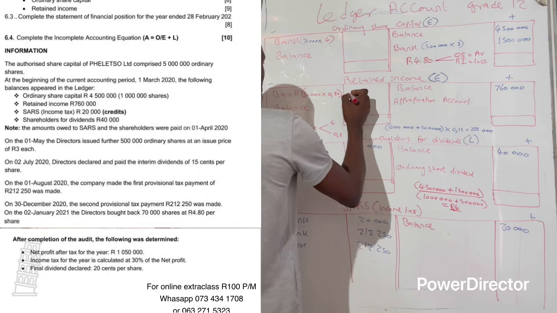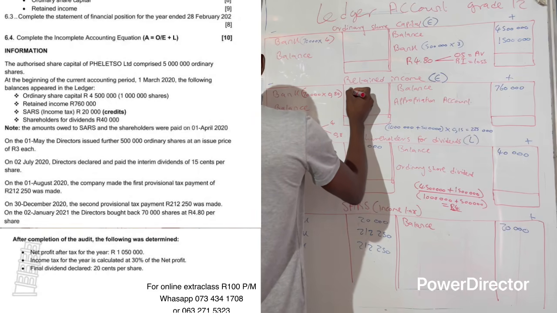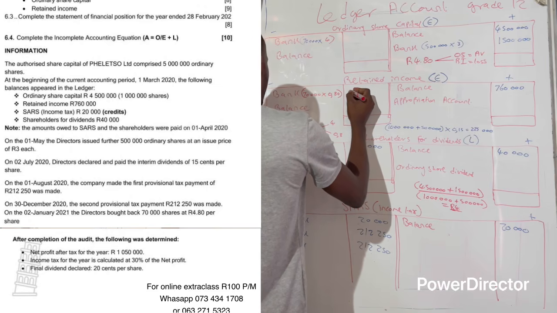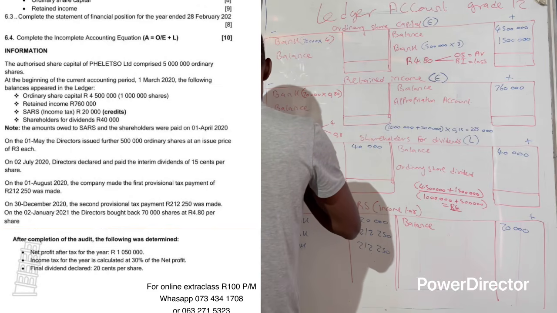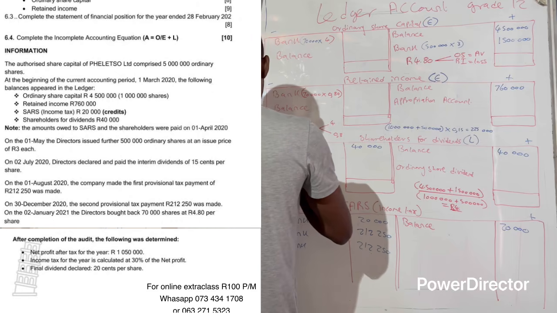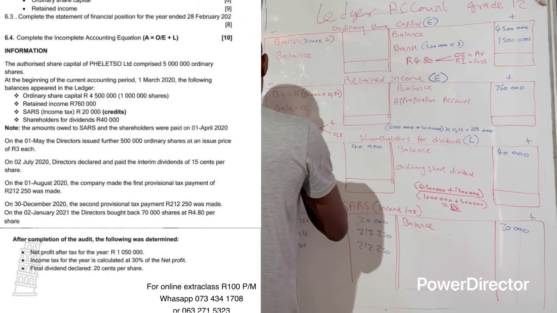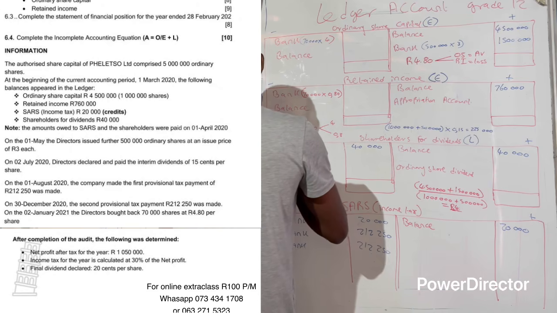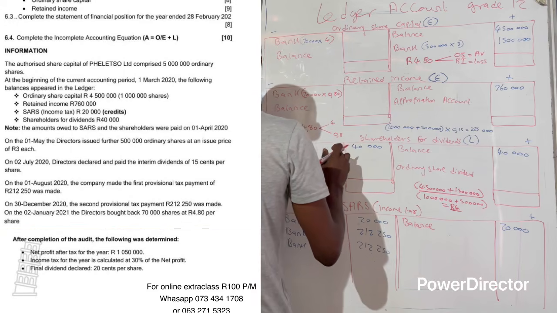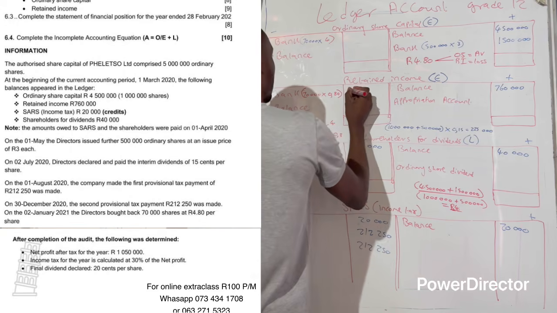Let me write the totals here. How much is it? Let me verify. 70,000 multiplied by 0.8. What is it? 56,000.